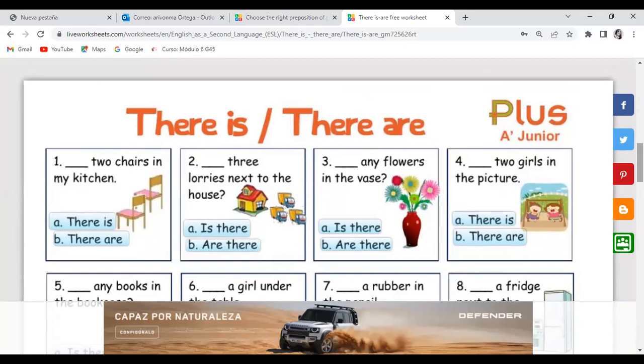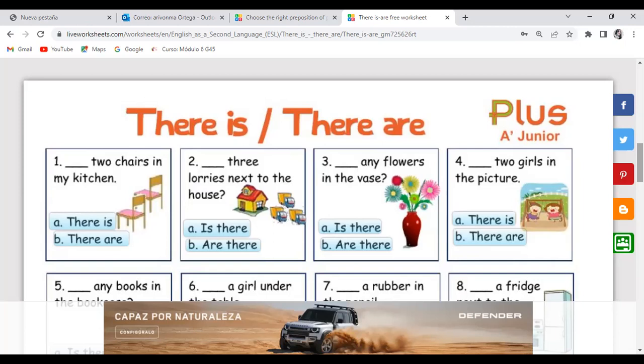What are the three forms that we have? Affirmative, negative, and question form, okay? In this module, in this week, you only put into practice there is and there are in affirmative way, but you need to know how to use them in negative and question form.